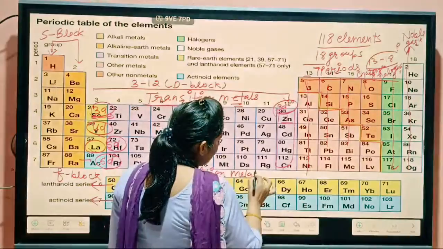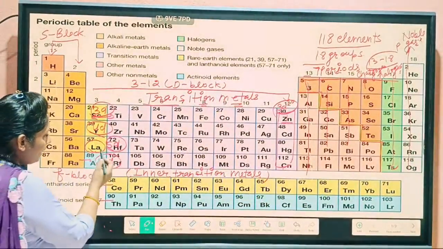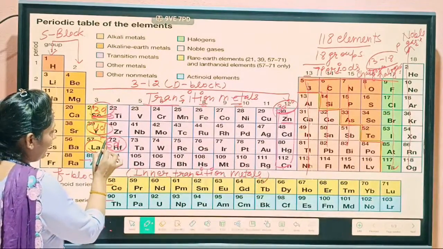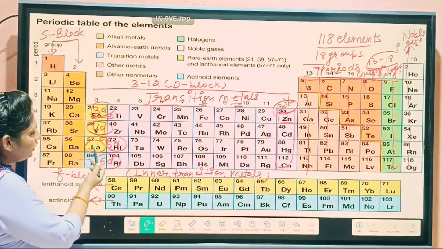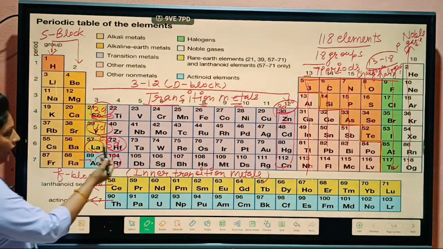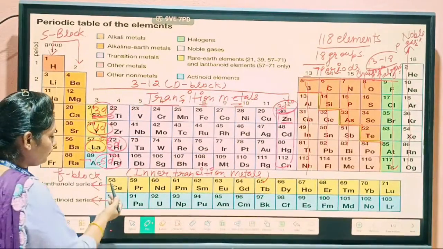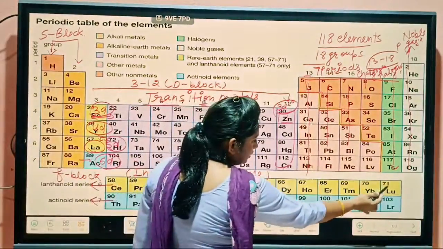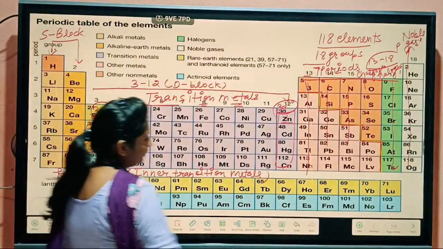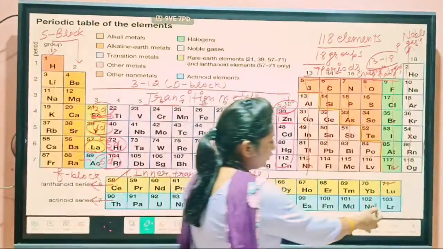Why are they known as the inner transition metals? Because students, here after lanthanum, 58 to 71. Lanthanum is 57, and then hafnium is 72. In between them, 58 to 71. 58 is cerium and 71 is lutetium.